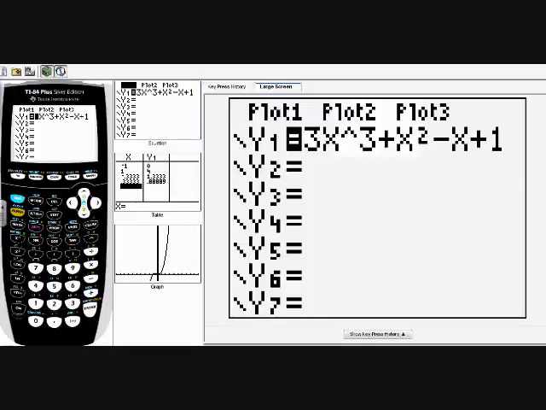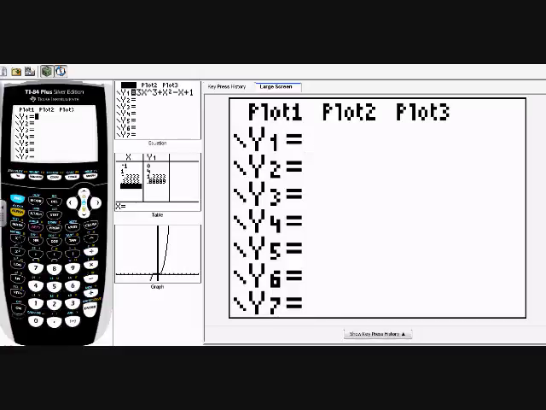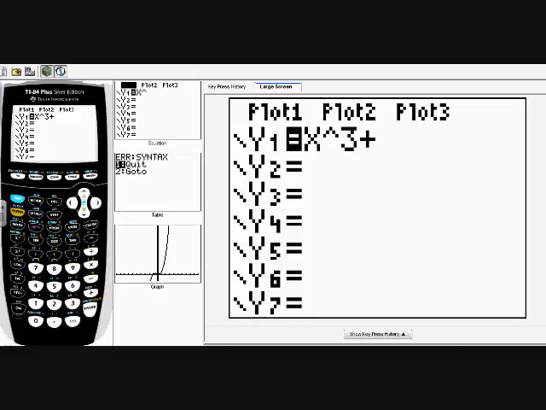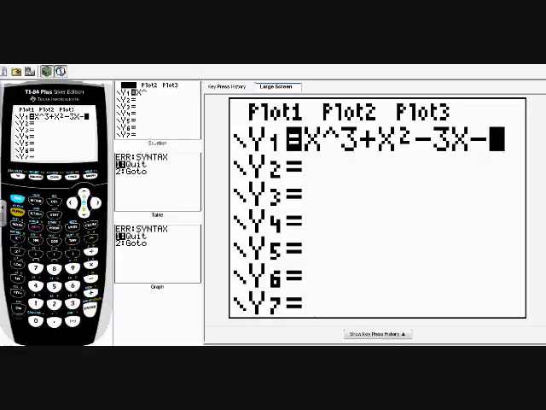Okay, I'll go to my y equals, and that equation I gave you before was x to the third power plus x squared minus 3x minus 3. If I'm going to find the roots of this equation, I want to find where this cubic touches the x-axis.